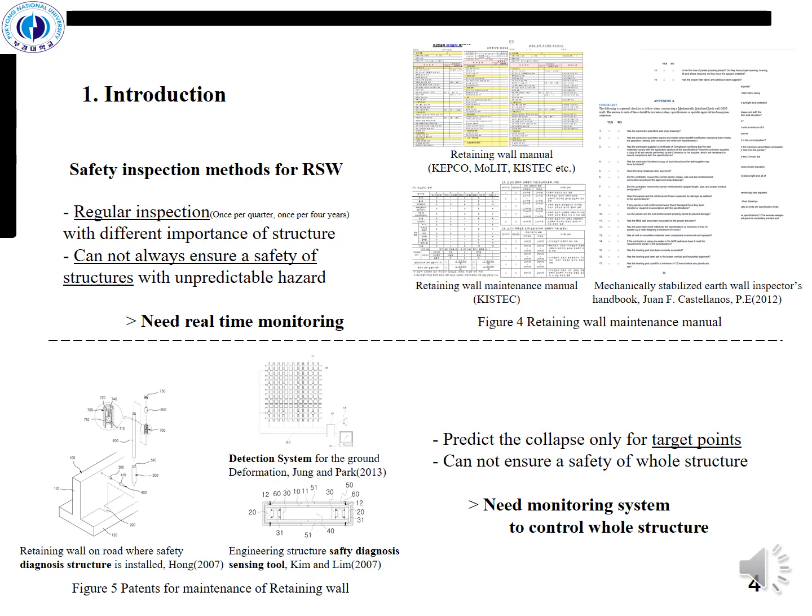That's why we need a real-time monitoring system. To solve these problems, there are some researches. However, they just focus on one spot, not the whole structure, so they cannot ensure the safety of the whole structure. So we need a monitoring system to control the whole retaining wall structure.